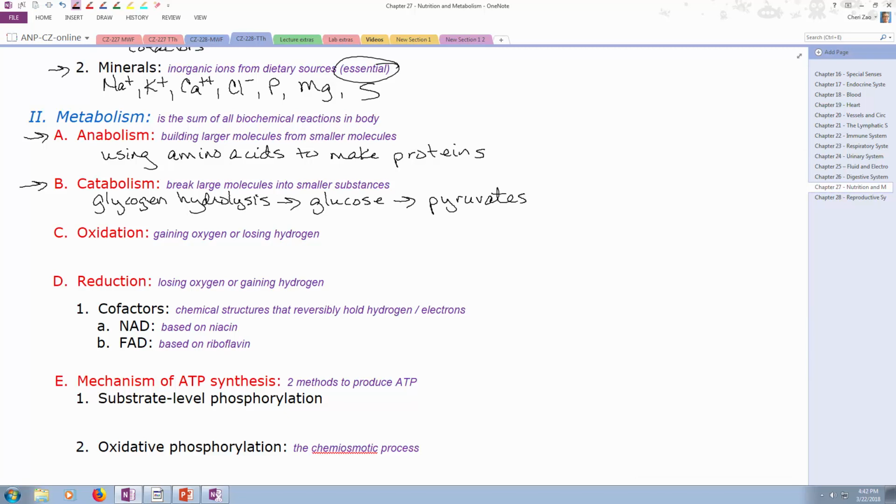The sum of these two is what the basic definition of metabolism is. And so you will hear people say, I have a high metabolism or I have a slow metabolism. And what they're telling you, they don't realize it, is that they are more anabolic or more catabolic. When somebody says, I have a slow metabolism, they have more anabolic reactions.